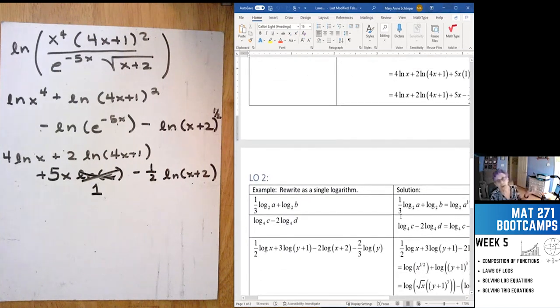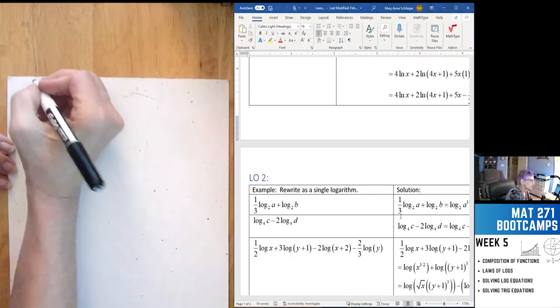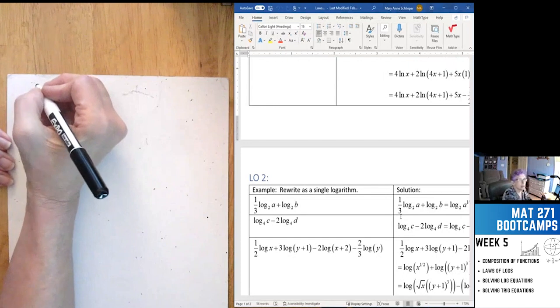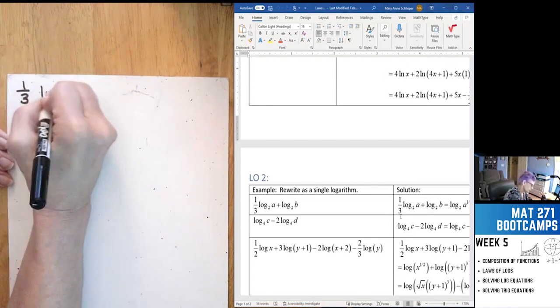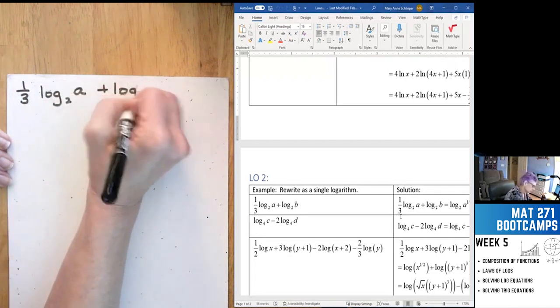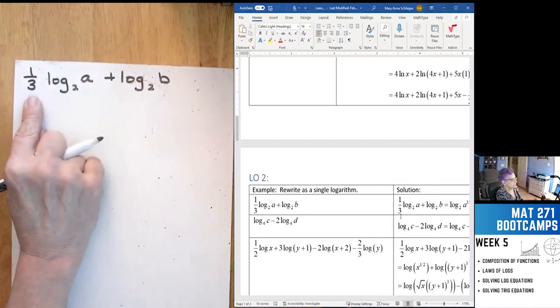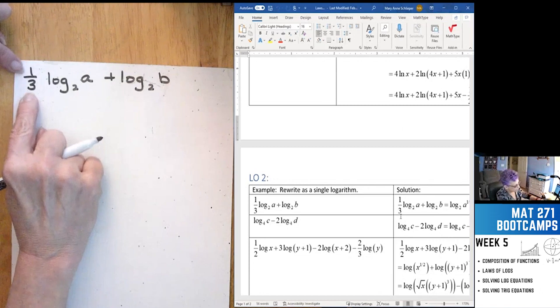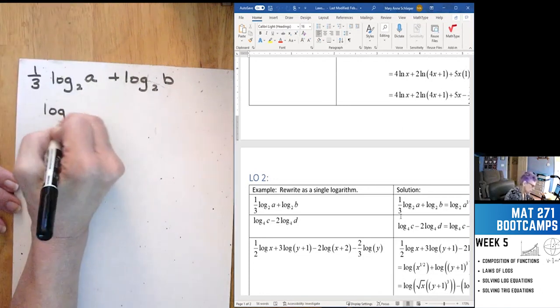Now, sometimes we need to go back the other way. So let's start with something with pluses and minuses in it and rewrite it as one handy-dandy unit. So this time we're combining things, so we take that 1/3 and make it into an exponent.